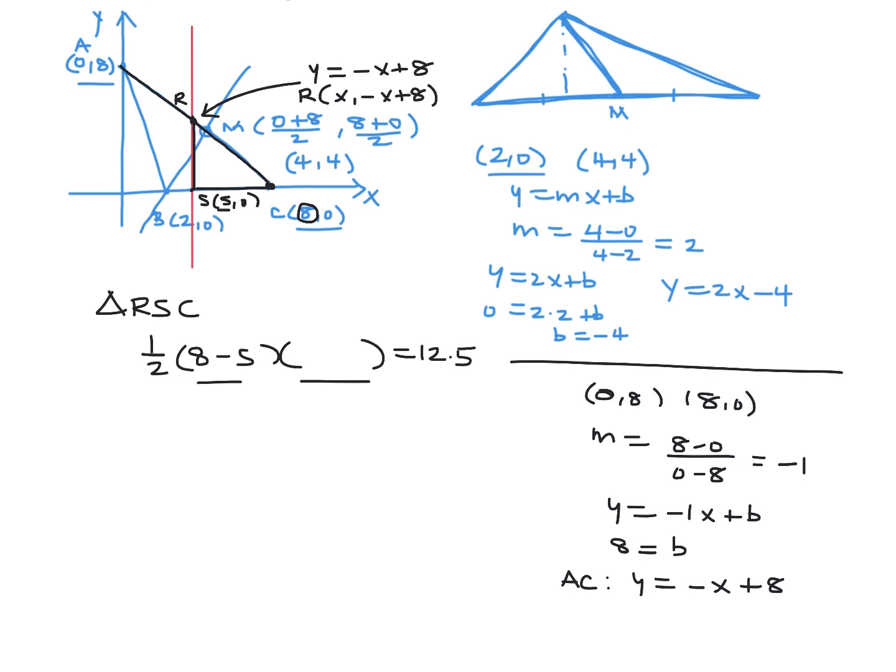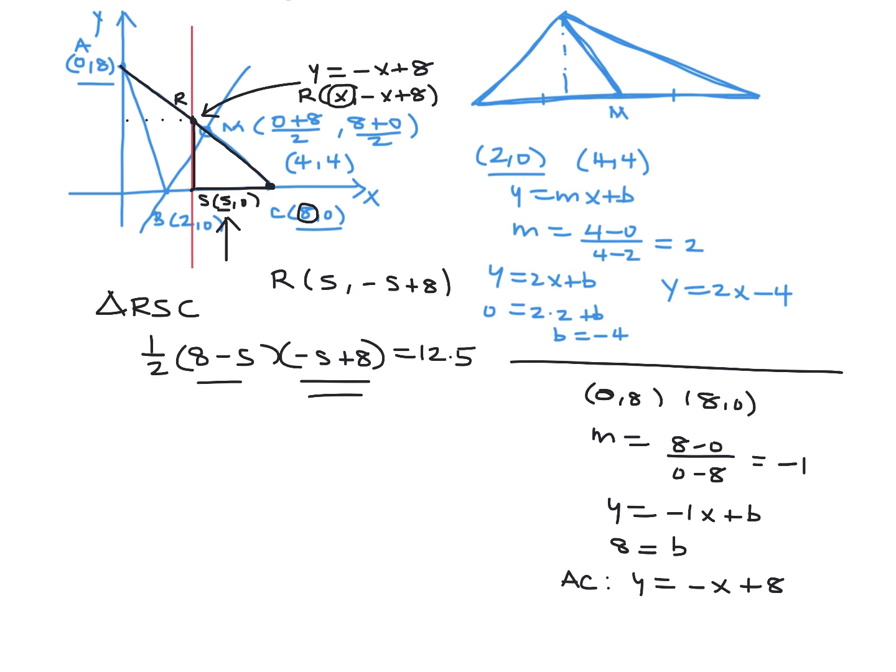And since this s right here is the x coordinate of R, we can safely say that R is (s, minus s plus 8). So what goes here is basically the y coordinate of R, correct? Because we want to know what is the height. So that's going to be minus s plus 8. And I think that pretty much does the trick here, hopefully.